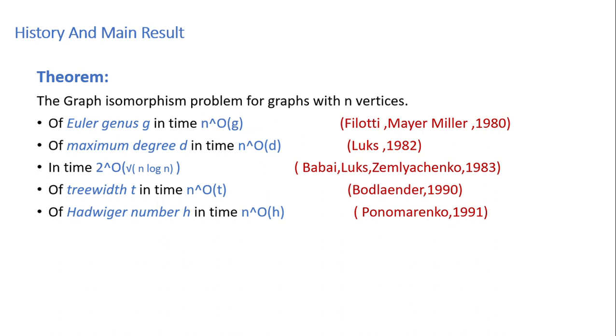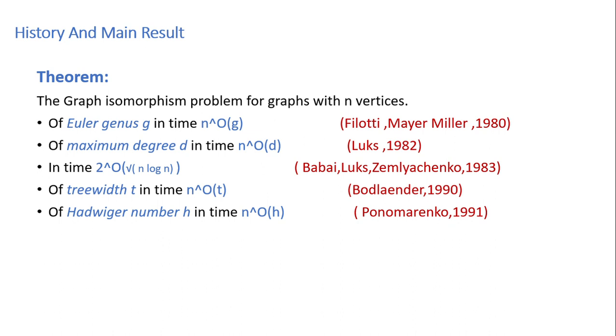Here Babai calls this moderately exponential time. That is still an exponential time bound, but the exponent grows much slower than a linear function. Babai calls this time moderately exponential time.